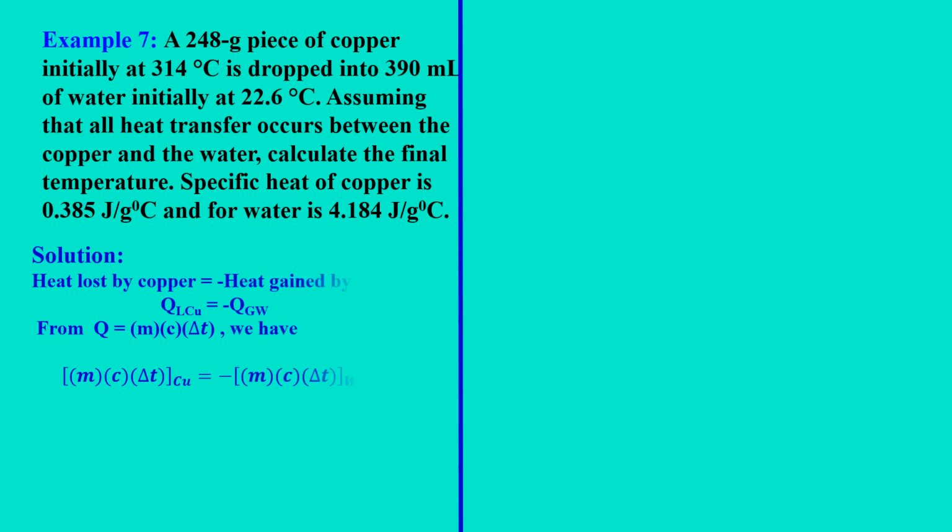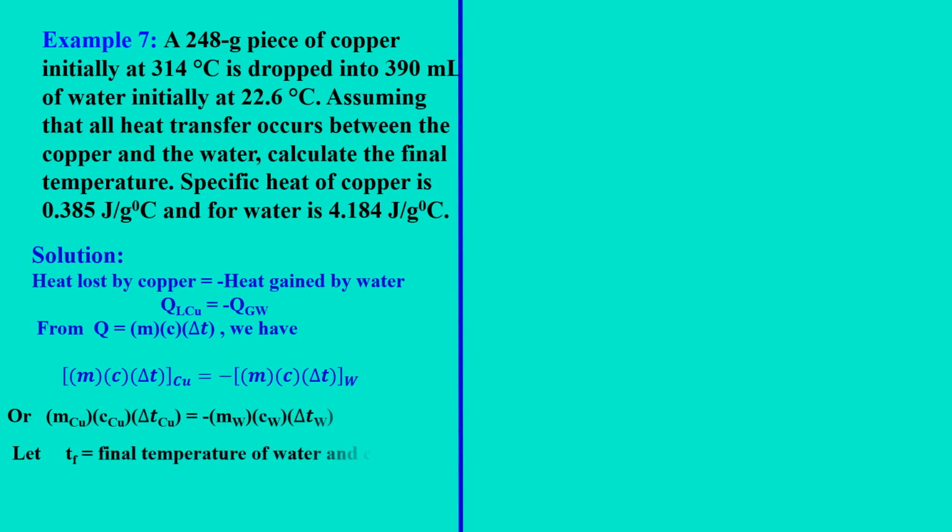Solution, using the same formula, heat loss by copper equals negative heat gain by water. Substituting the values, simplifying, we have M of copper times specific heat of copper times delta T of copper equals negative of the mass of water times specific heat of water times delta T of water.